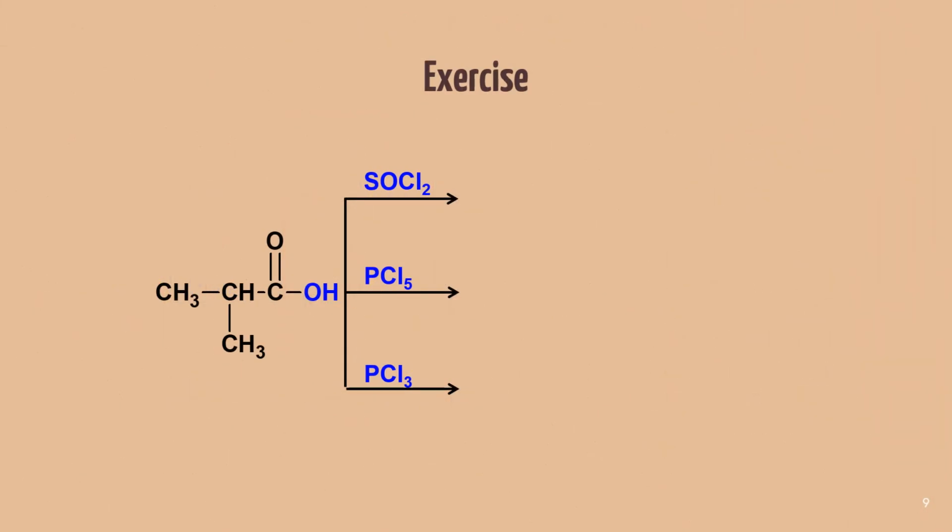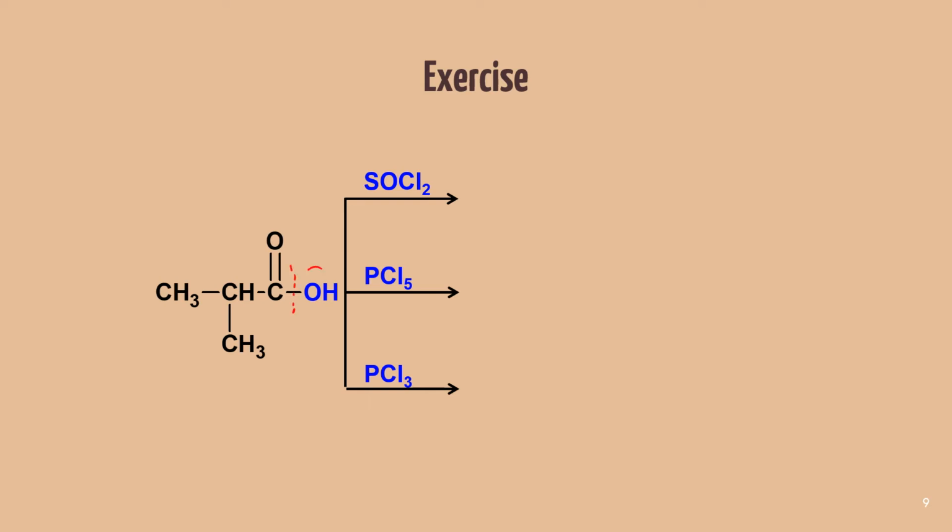So as for the example, here we have this carboxylic acid dan thionyl chloride, PCl5 dan juga PCl3. So if you see one of these reagents dan juga carboxylic acid, maka you have to remember we need to break the bonding di antara C dan juga O di sini.